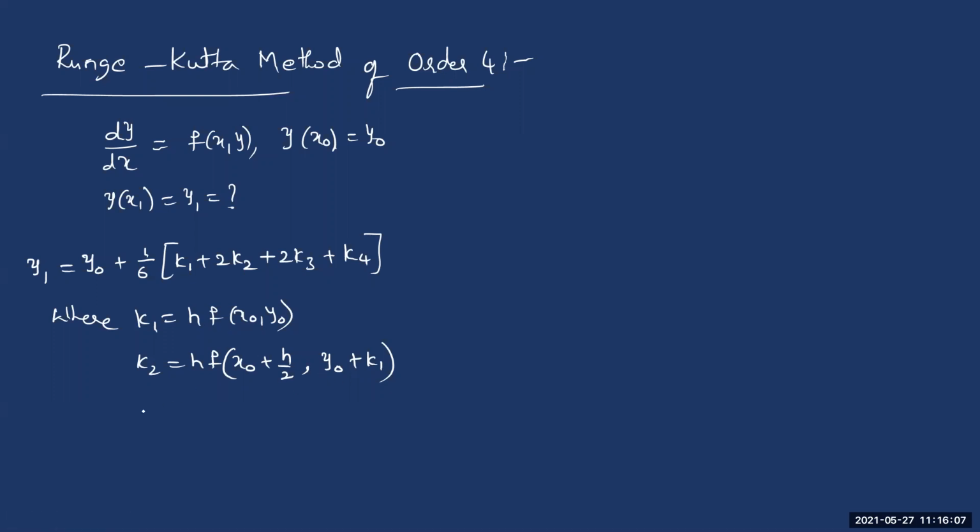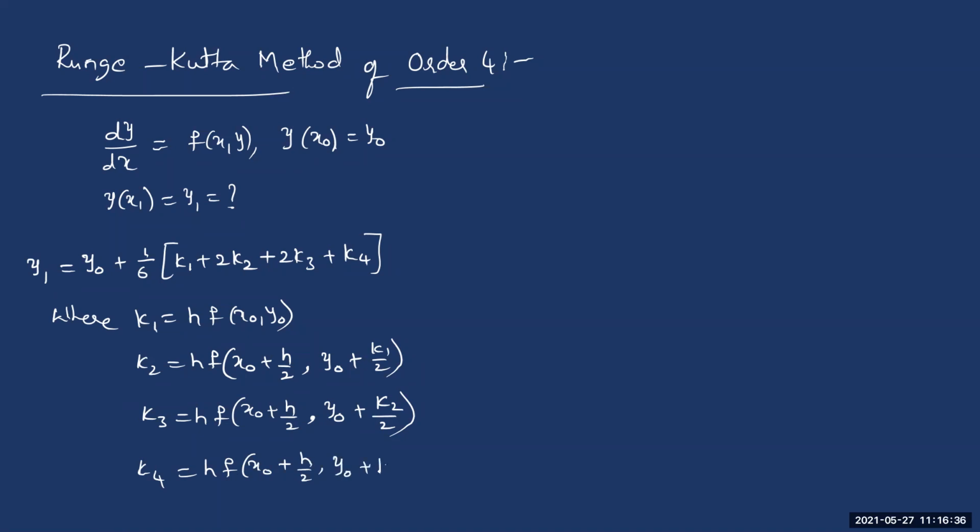Then k3 equals h into f of, look at this carefully, again x0 plus h by 2, and y0 plus, I'm sorry, I have written this wrongly, this is k1 by 2 in k2, and here in k3 this is k2 by 2. And in k4, it is x0 plus h by 2 and y0 plus k3.